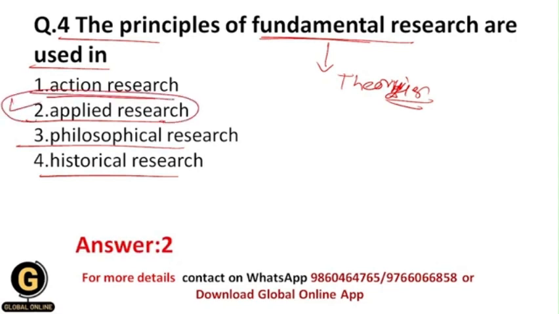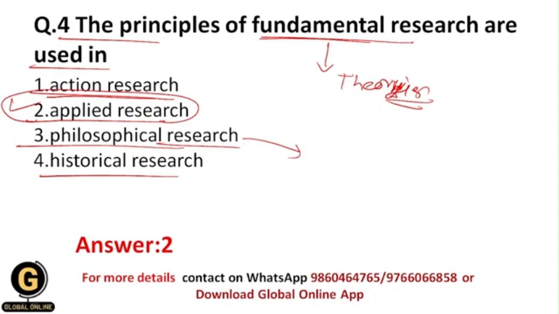And all of you know what action research is, and philosophical research is nothing but the study of the philosophy of things. For example, there is some kind of data, or some kind of relationship between the variables. Here we find out the roots of it, the causes of it or the history of it.